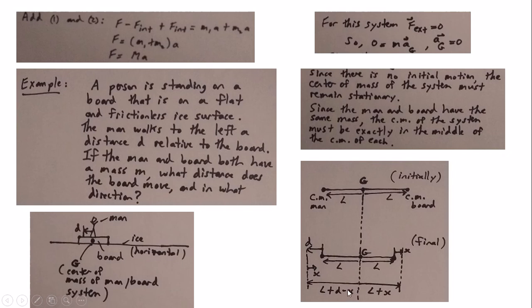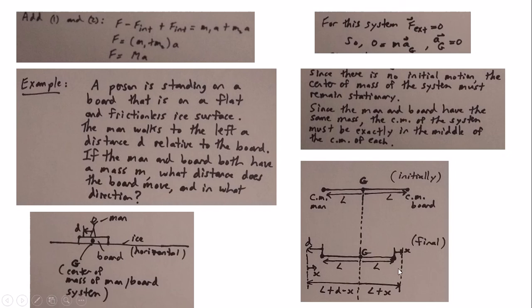Then the final distance of the man's center of mass from point G, which doesn't move, is equal to L + d - x. And the center of mass of the board, which moves a distance x to the right, is then located a distance L + x from point G.